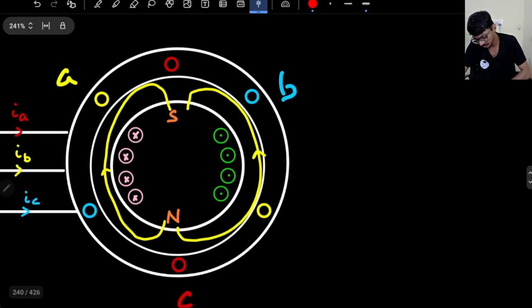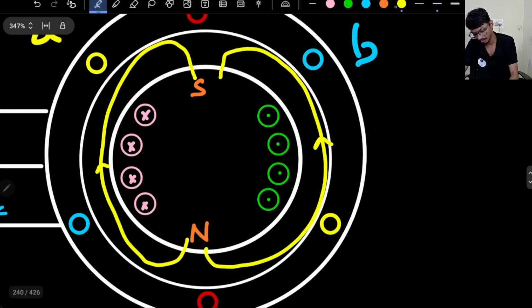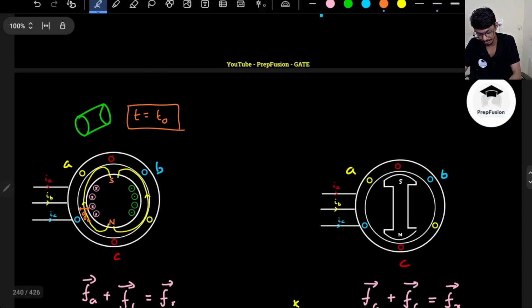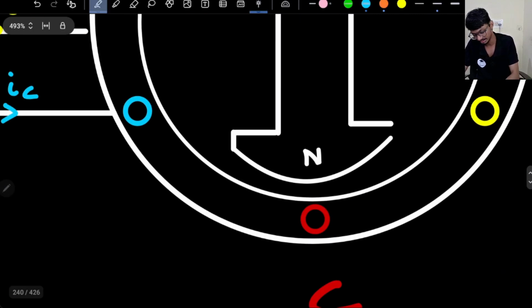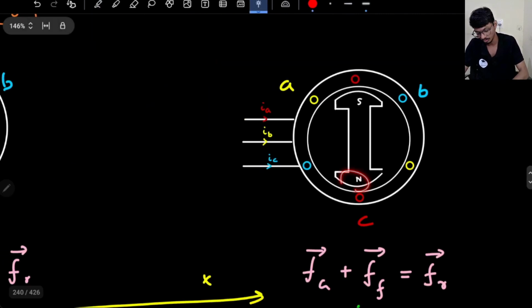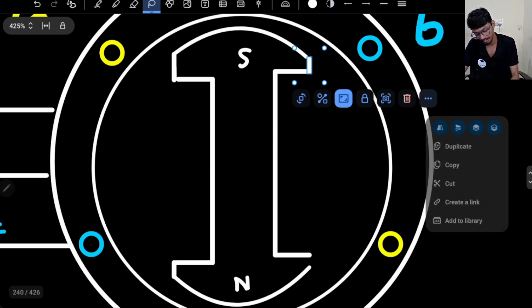So what do I observe? Here the air gap is always the same, that is g. The rotor conductors are already placed, and the field is already made. Now, what path will the flux follow?